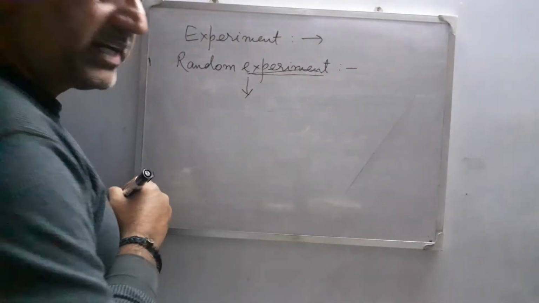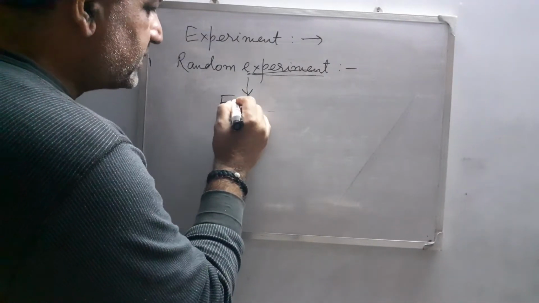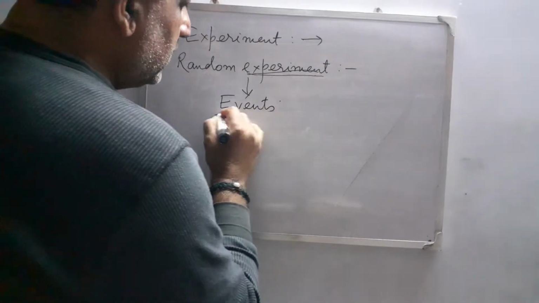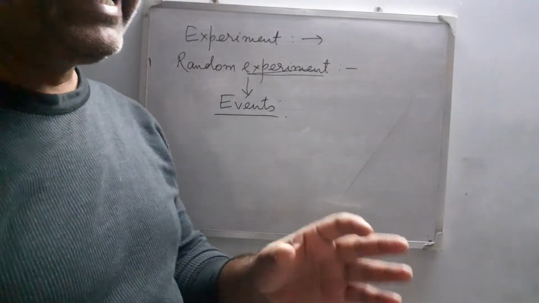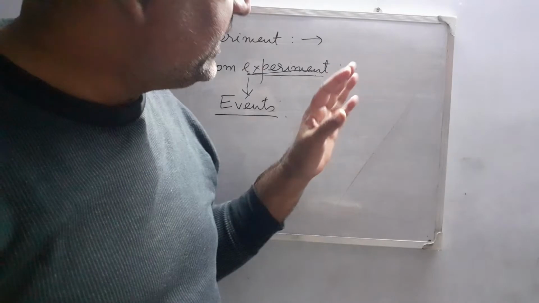The outcomes of a random experiment are called events. If a coin is flipped, we have 2 outcomes, head and tail. Occurrence of head is an event and occurrence of tail is another event.